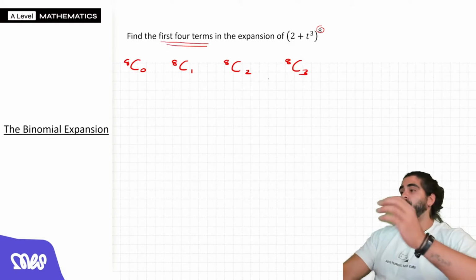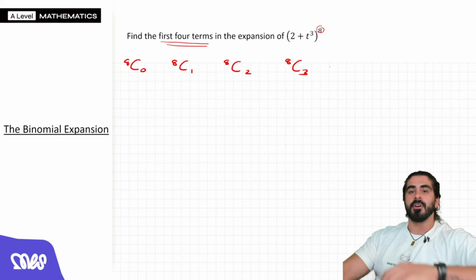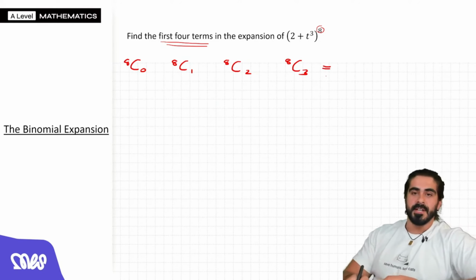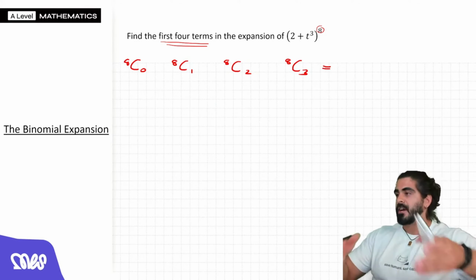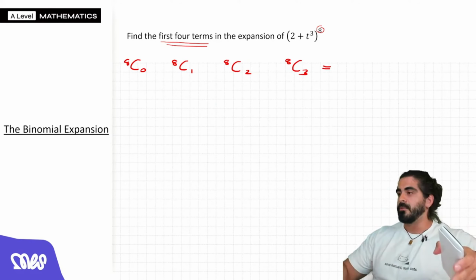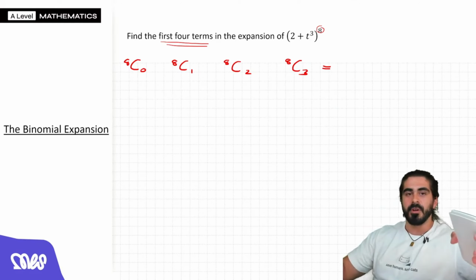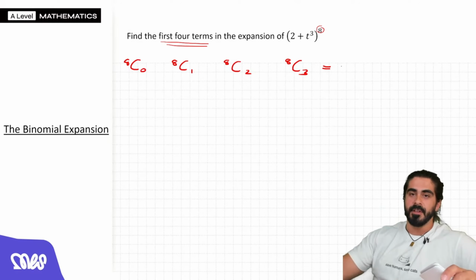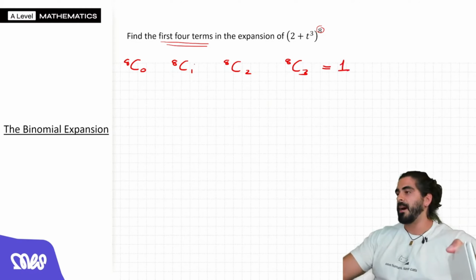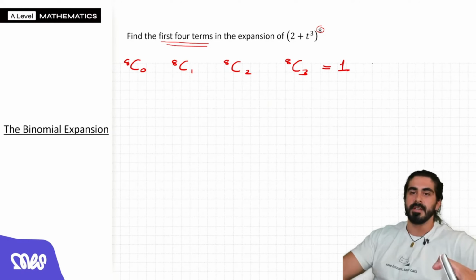So we're not going to go all the way up to 8 choose 8. Now hopefully you lot have your calculators with you, so we can type this. But maybe you recognize with Pascal's triangle, can you see the first numbers in the columns are 1, right? I definitely know that this is 1. Then the second number is always what the power is. So in this case, 8 choose 1 is going to be 8. But you can verify this with the calculator with me.